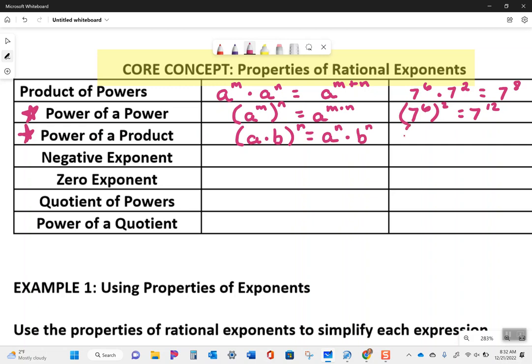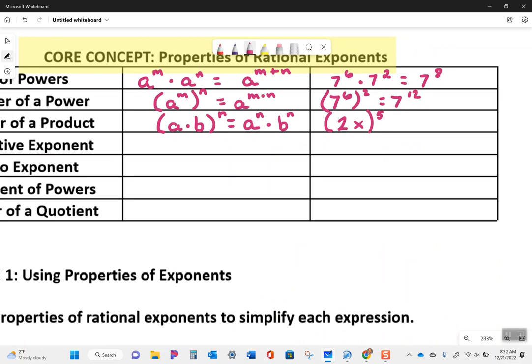Maybe you have, isn't 2x a product? 2 times x, kids? And I take that all to the 5th power. Okay? Well, kids, this is going to become the following. You would bring the 5 into the 2, and you would bring the 5 into the x like so. So this would be 2 to the 5th times what? Okay. Now think about that 2 to the 5th part.